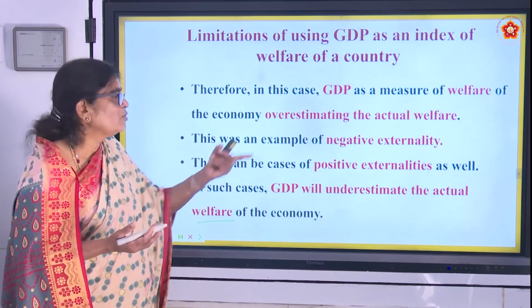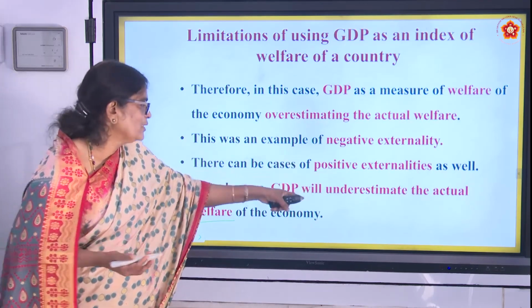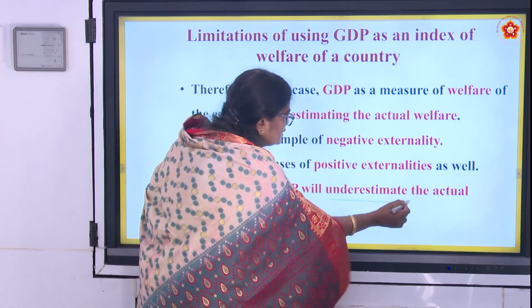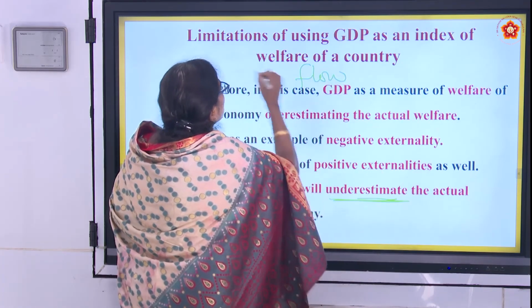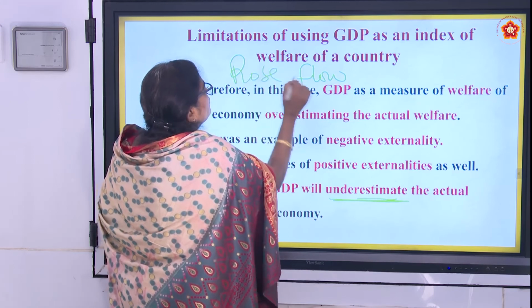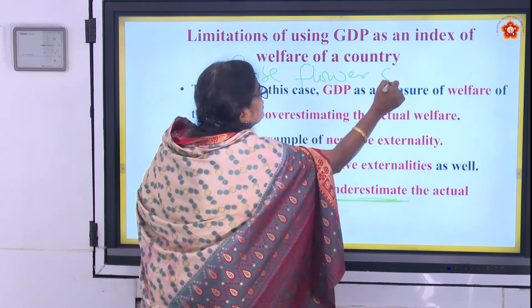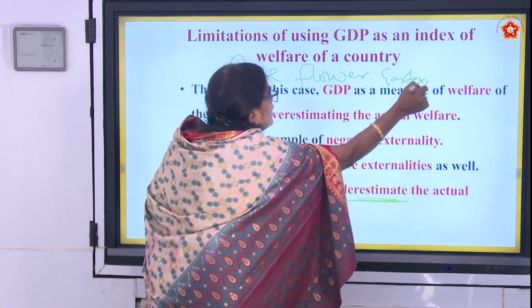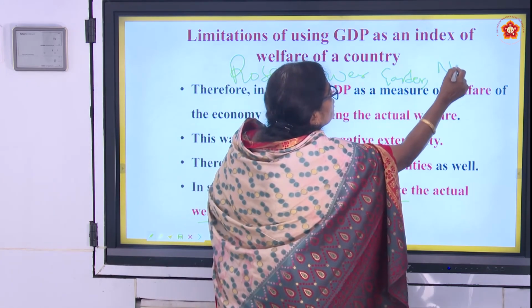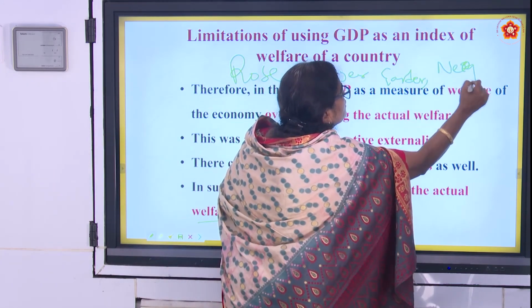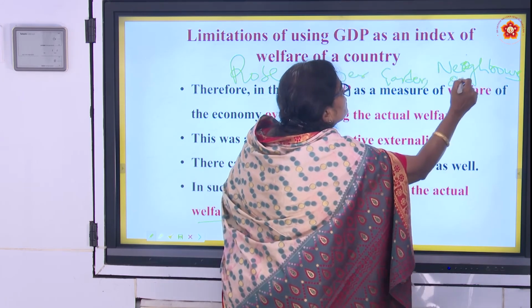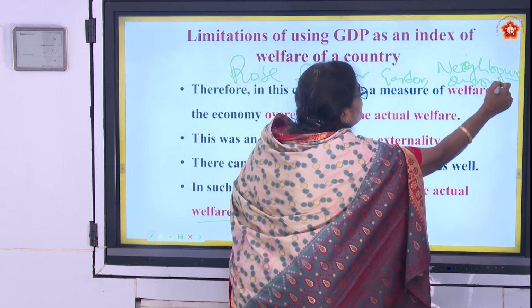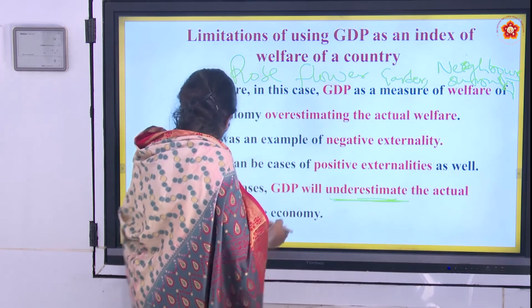So much is there, but nobody is evaluating that. Therefore, when there is a positive externality, they are underestimating. You can take the example of a rose flower garden and the neighbors surrounding that garden. So many benefits. These are the positive externality.